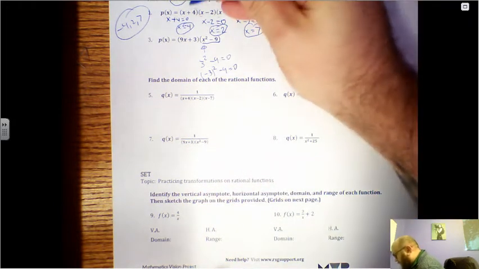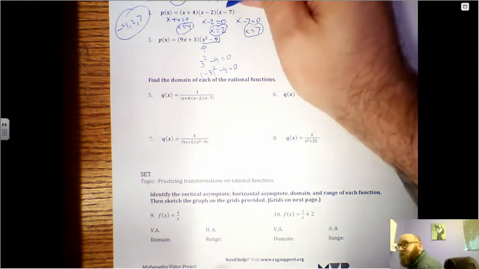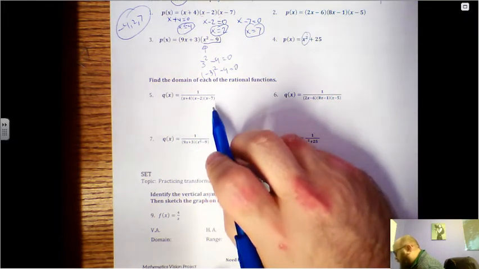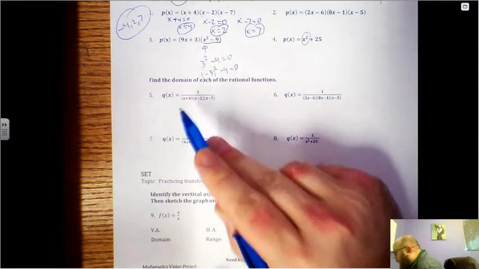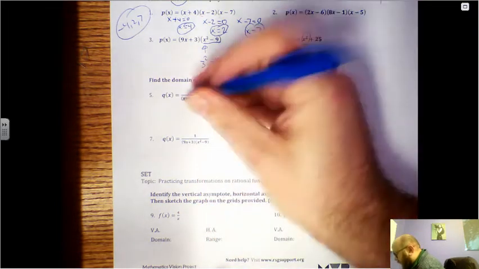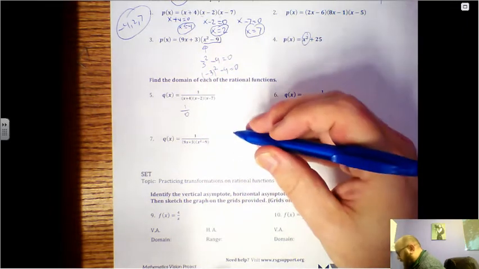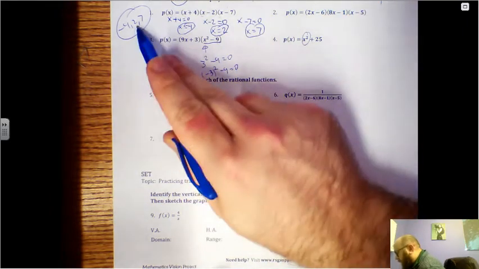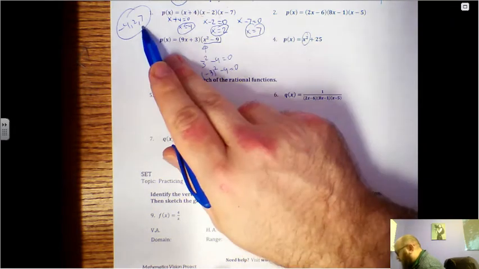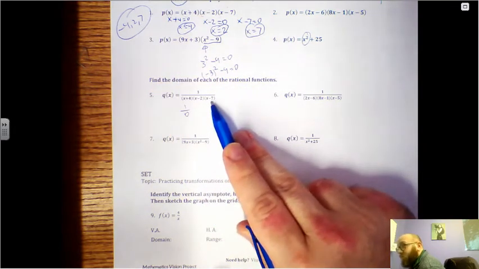Notice that x plus 4, x minus 2, x minus 7 from problem 1 is now our denominator in problem 5. If I plug negative 4 in for x, I would get 1 over 0, which is undefined. If I plugged 2 in, I would get 1 over 0, which is undefined. And if I plug 7 in, I would get 1 over 0, which is undefined.